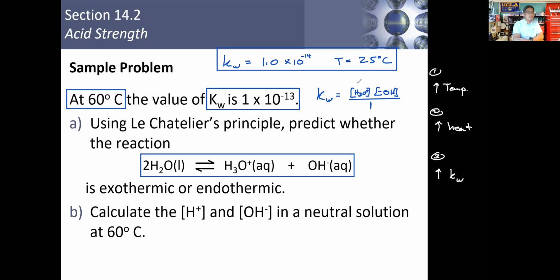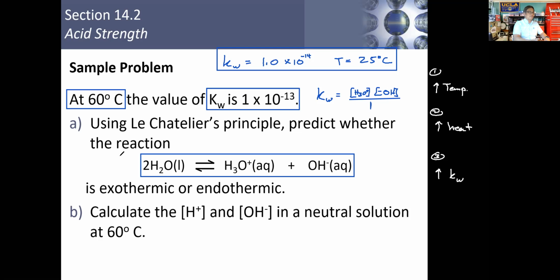With that said, if Kw increases to this value, that means both of these also must increase. So as we increase the heat, the amounts of both of these increase. That means the reaction is shifting towards the right.